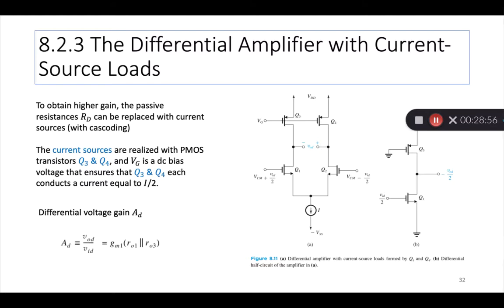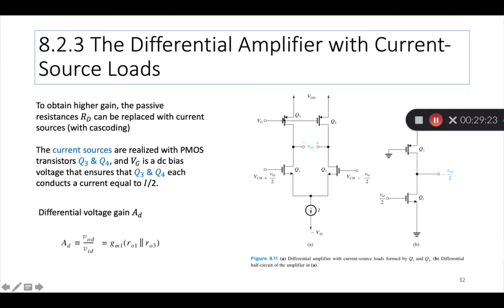In a simple MOSFET circuit, if you take out the drain resistance RD and put a PMOS device which provides a fixed current, then such an arrangement was called a current source load.